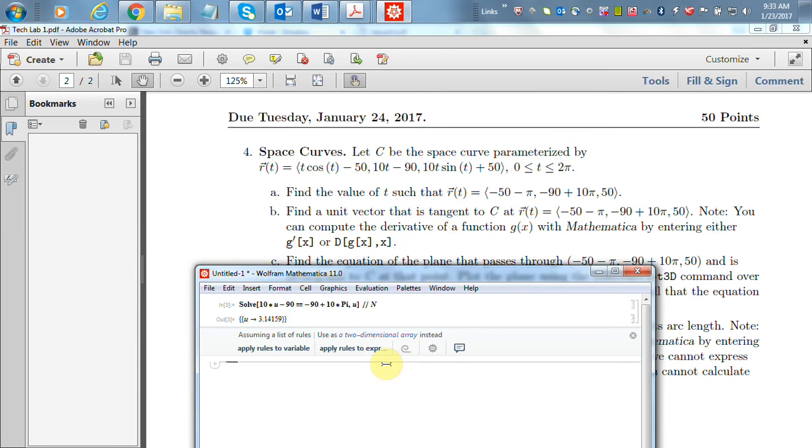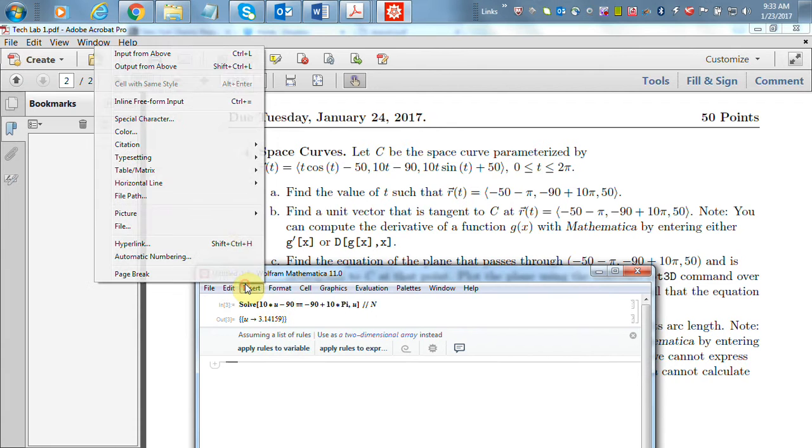So now that you know t is pi, I kind of see what's going on here. Now that you know the value of t, what this question is really asking for is capital T of 1.